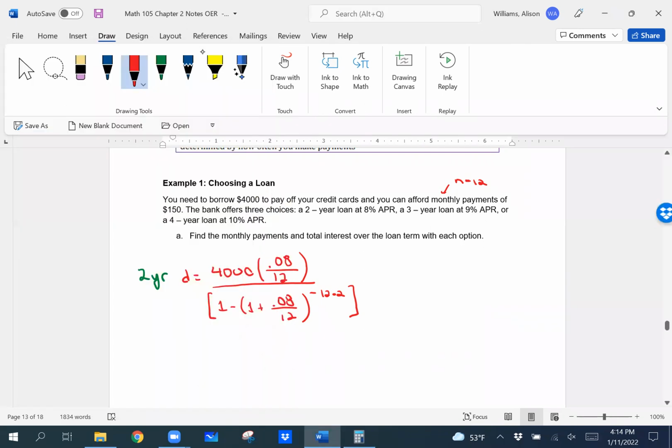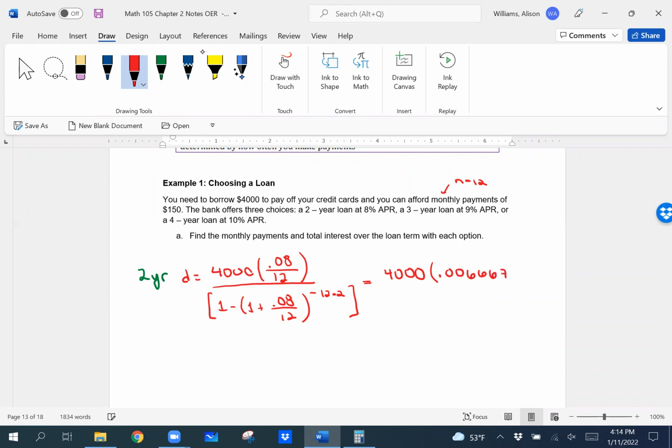So I'm going to include 6 decimal places to ensure that I won't round it too much, which would be 0.006667, with the 7 at the end because I rounded. Then in the denominator, 1 minus, and when I do the 1 plus in the parentheses, I'm just going to add those two.